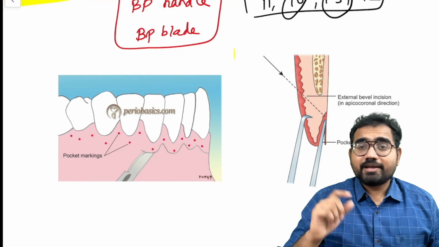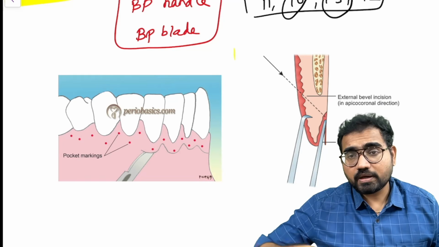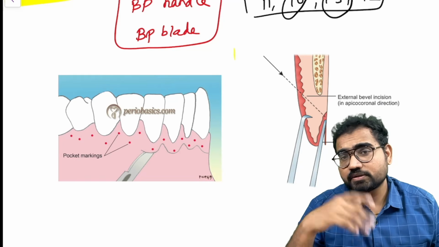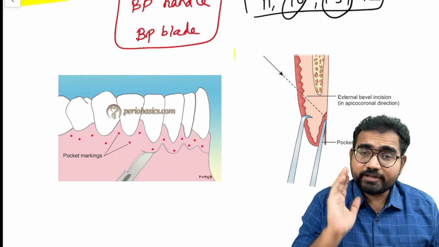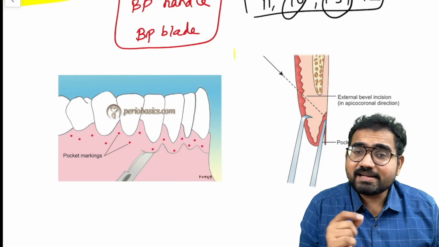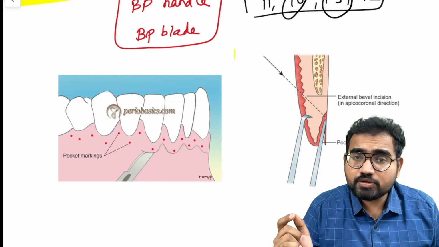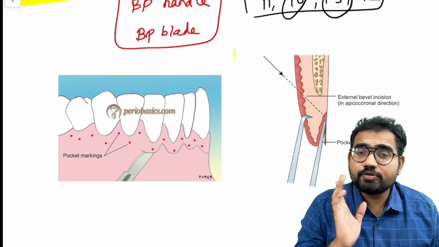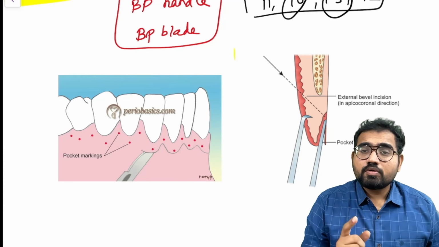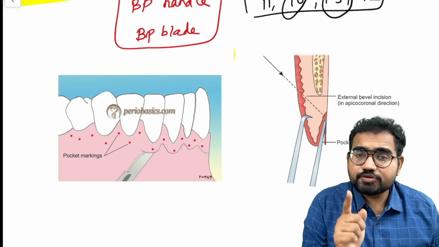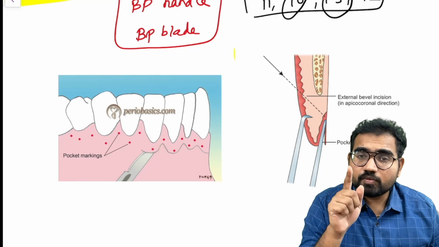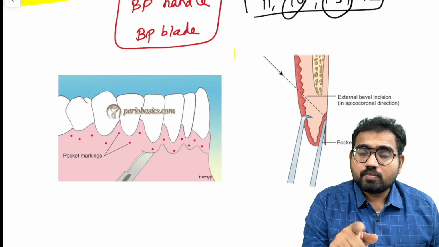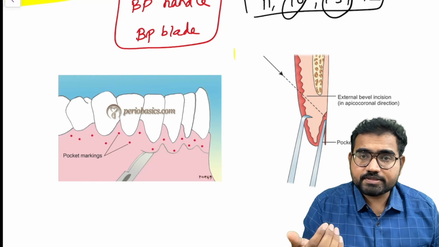If it is from the granulation tissue, I remove the granulation tissue with the curette and the bleeding is going to stop. If it is from the periosteum, unless I remove the periosteum, or I elevate it again with the periosteum, there's going to be continuous bleeding. So incision should always be precise, whatever incision it may be. We'll be discussing a lot of incisions.